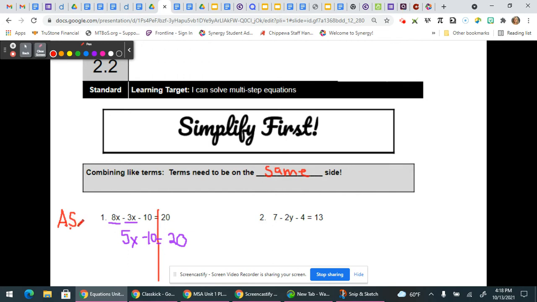So the addition and subtraction operations says that this minus 10 is something that we can work on getting rid of next. And so I'm going to use the inverse of subtracting 10. I'm going to add 10. When I add 10 to the left, I need to come over here and add 10 to the right.